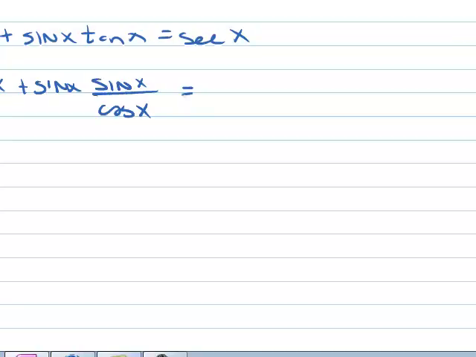Bug, what can somebody do from there? We can multiply the sines. So we have cosecant x plus sine squared x over cosine.